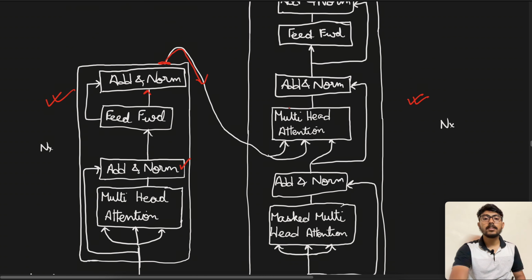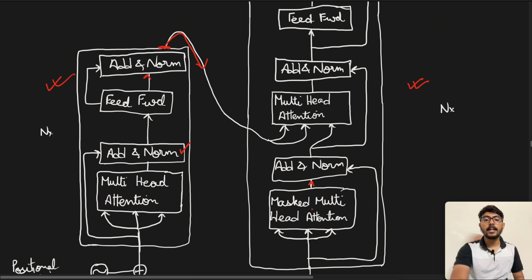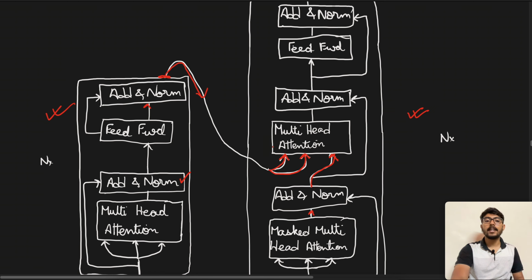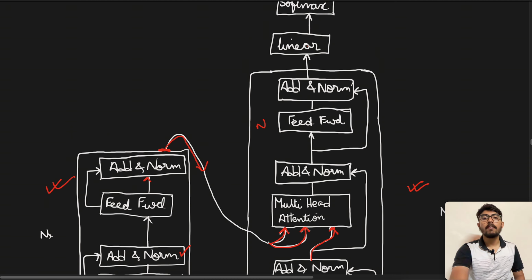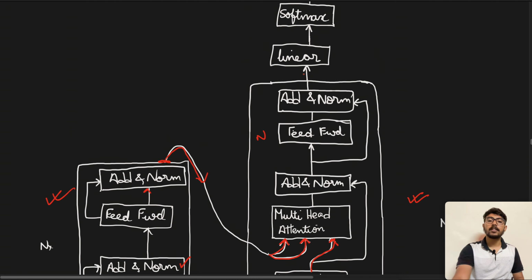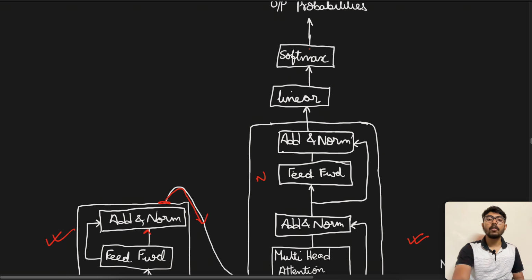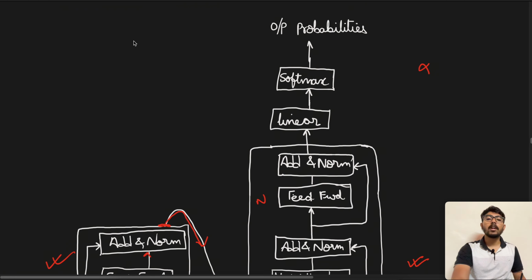Similarly, after masked multi-head attention calculation, we send one of the input parameters from the output into multi-head attention and 2 from the actual input that we got as A, B and C. Again we perform multi-head attention, add, normalize, again feed forward in the neural network, and then finally we get into the linear format of the vectors that we want as output and put Softmax into it so that we get exact mapping of whether alpha is most suited to represent A, B or C. So that's a brief outline about transformers.